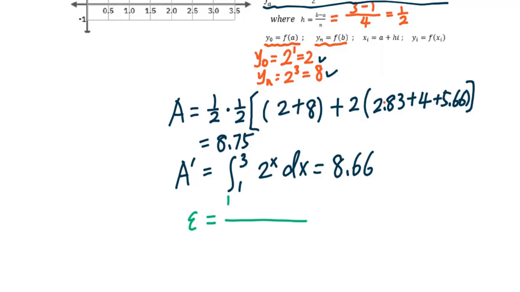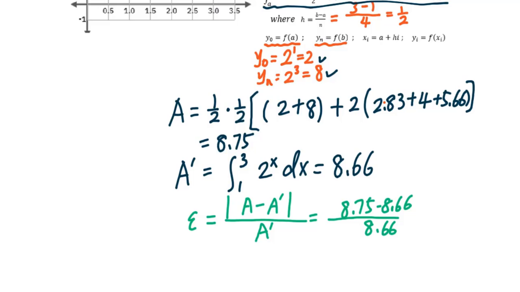It will be the absolute value of A minus A prime over the exact value, which is A prime. So you will get (8.75 minus 8.66) over 8.66 equals 1.04%.